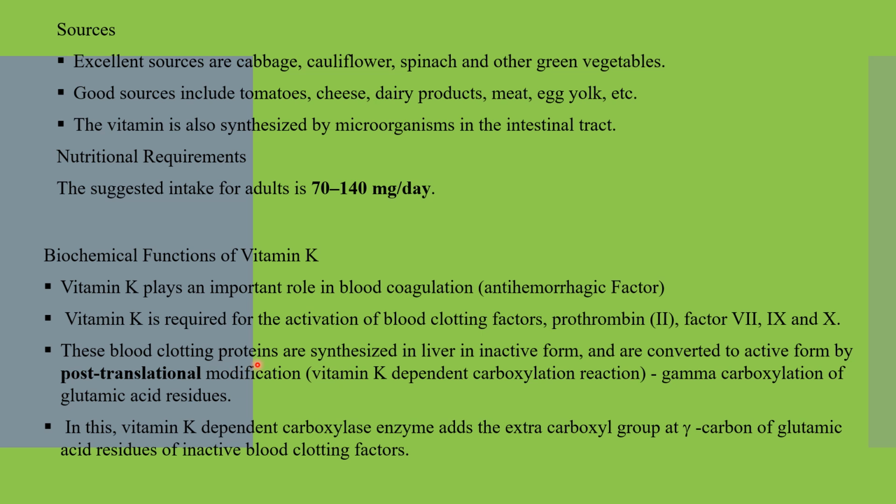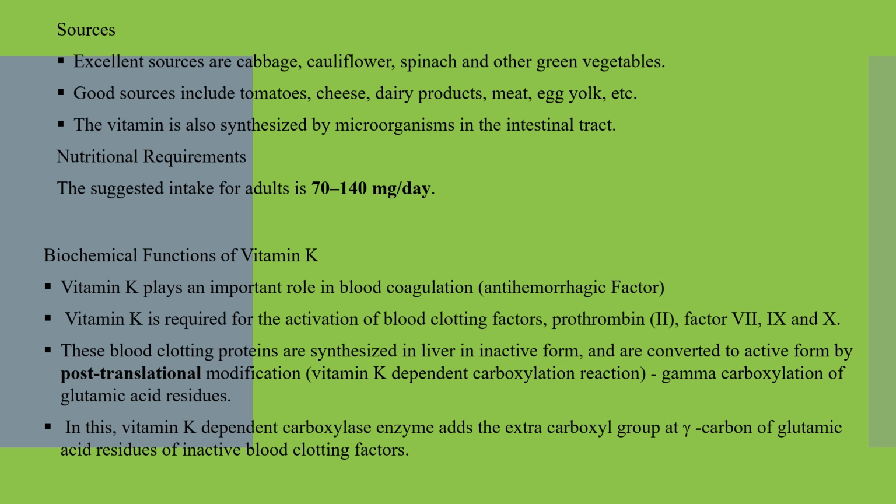These blood clotting factors are synthesized in the liver in the inactive form and are converted to the active form by post-translational modification, the gamma carboxylation of glutamic acid residues. In this, the vitamin K dependent carboxylase enzyme adds an extra carboxyl group at the gamma carbon of the glutamic acid residue of the inactive blood clotting factor.